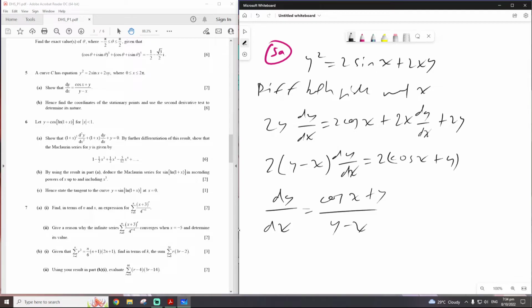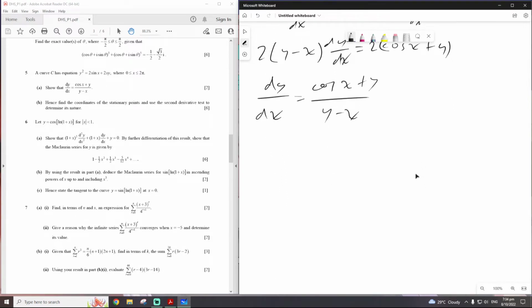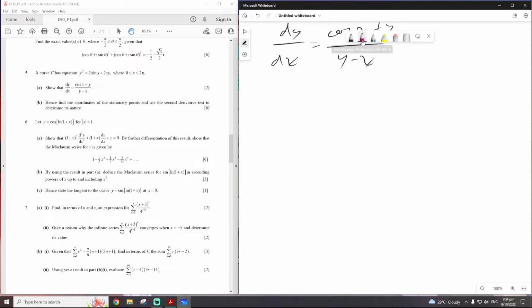Okay, find the coordinates of the stationary points. So this is pretty typical. I'll leave you to do the work, or rather, I will just show the steps and you can calculate the values yourself. I already have the values written down with me. So we're going to let dy dx be 0, and of course this immediately implies y equals negative cosine x.